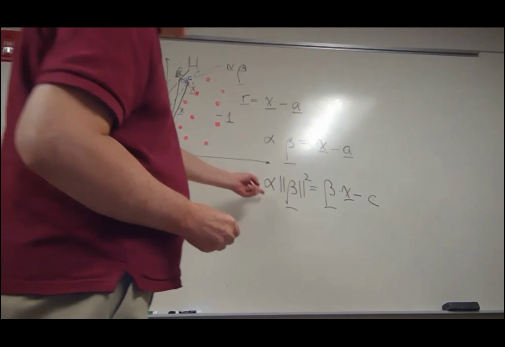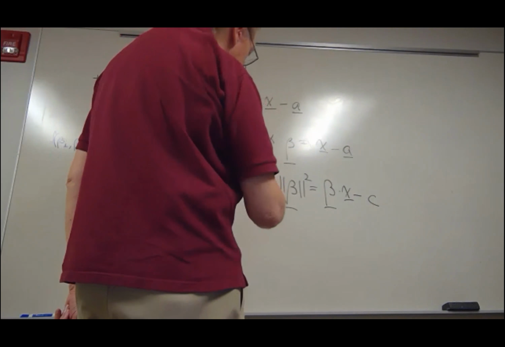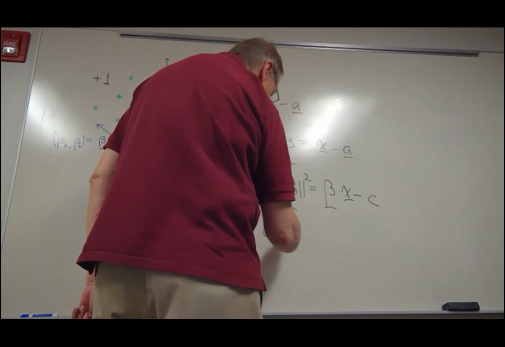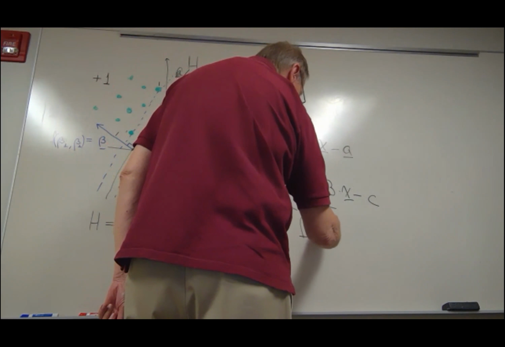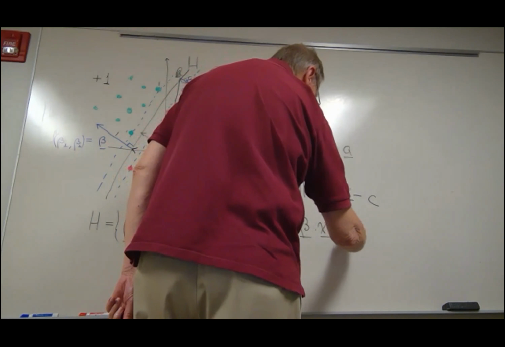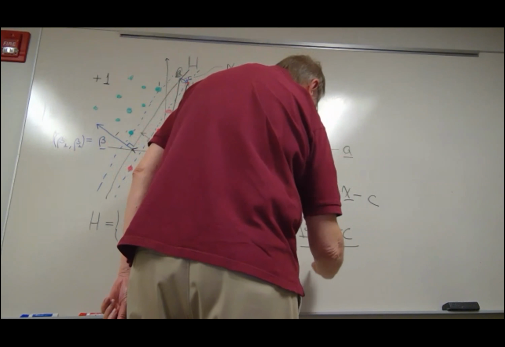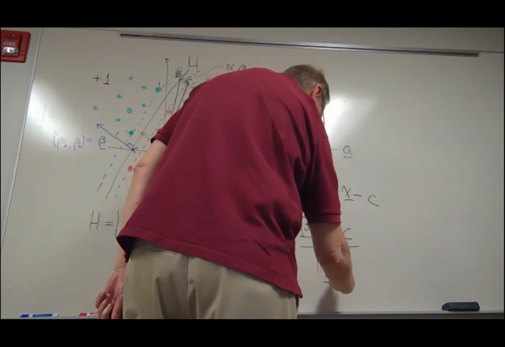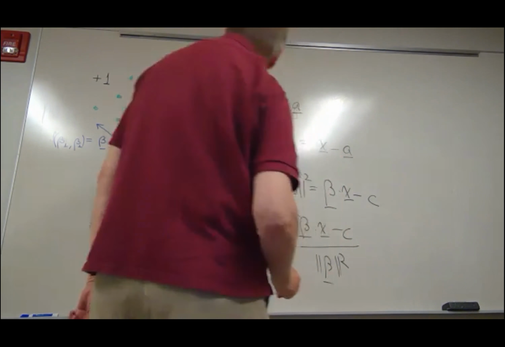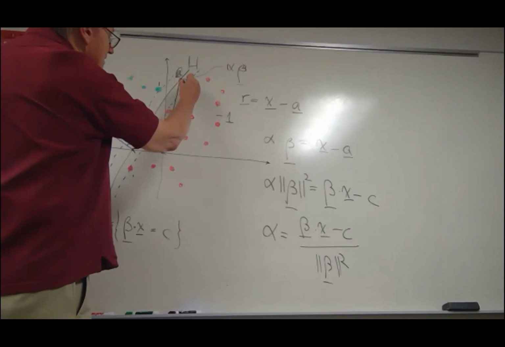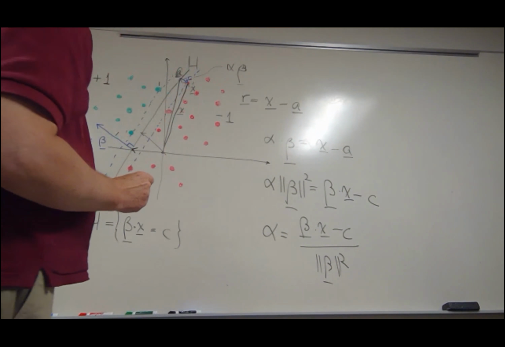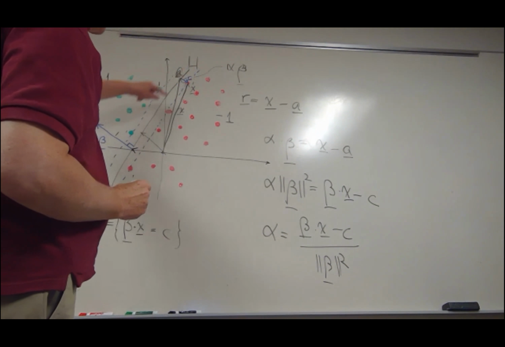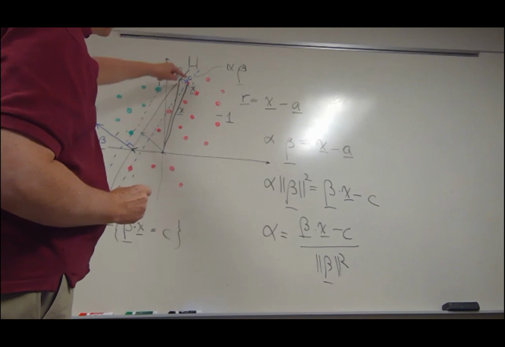And so again, I get an equation for alpha here, namely alpha is equal to beta dot x minus c divided by norm beta squared. So again, x is one of these points here that are closest to the line. So this is what we call the support vector. So x here is a support vector.